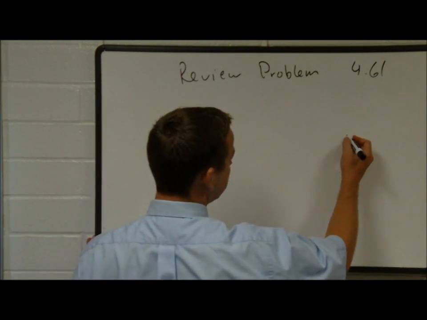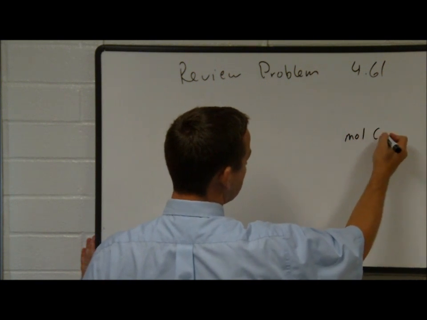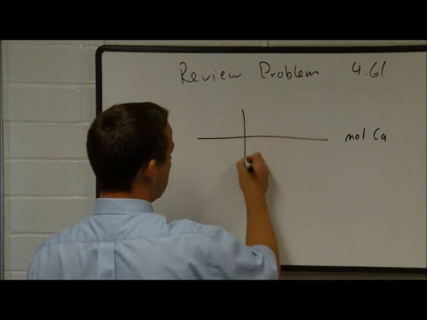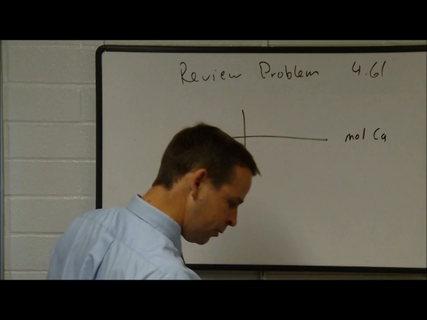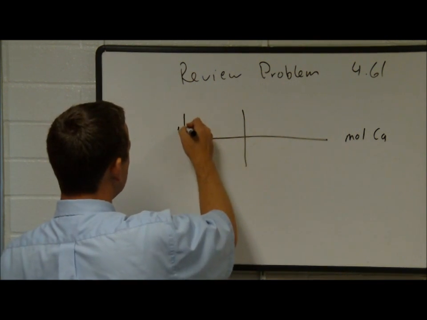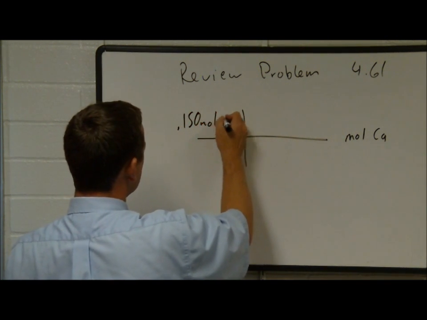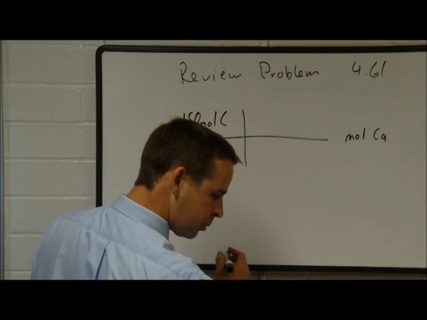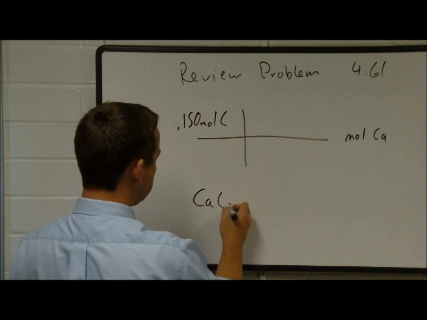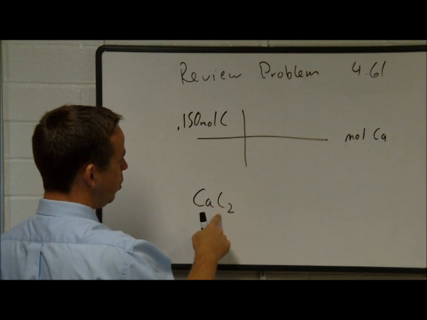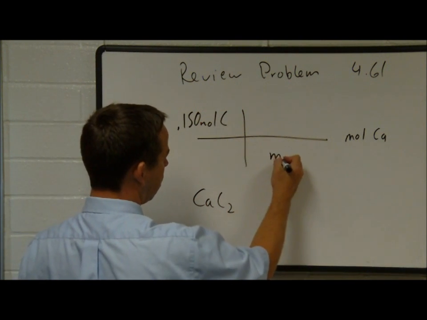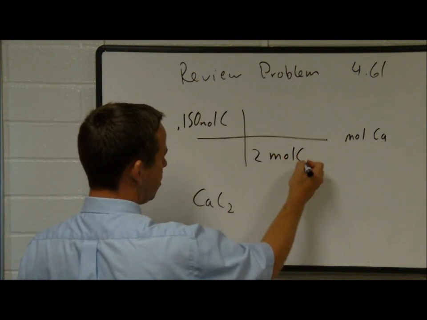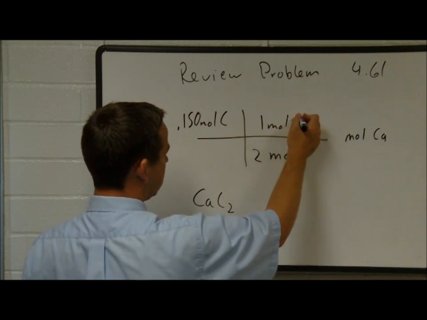So we want to know first moles of calcium, all right? And we know that there are 0.150 moles of carbon. And we know that calcium carbide is CaC2, right? So that there's 2 moles of carbon for every 1 mole of calcium, right?